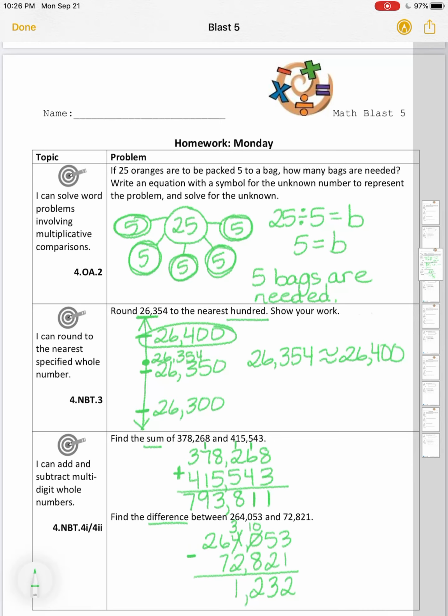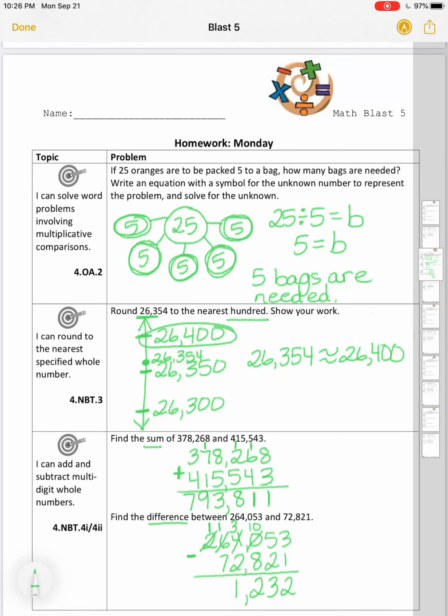In the 10,000s place, I'm starting with 6 10,000s, and I want to take 7 10,000s away. So here I'm going to need to go over to my 100,000s place. I'm going to get one of those 100,000s, which will leave one of the 100,000s there. The 100,000 that I'm getting, I'm going to unbundle, and it would let 10 10,000s fall out.